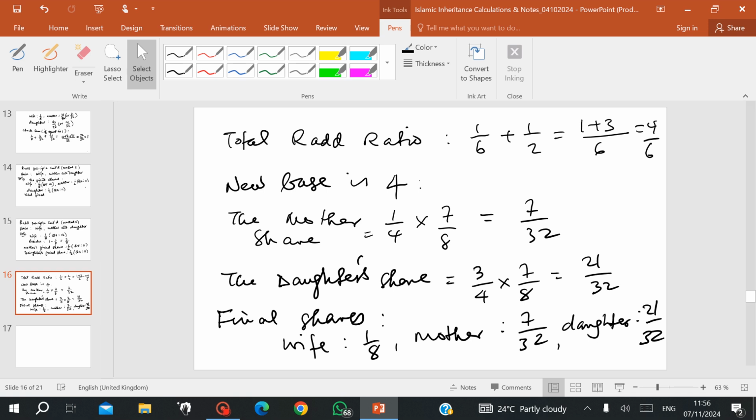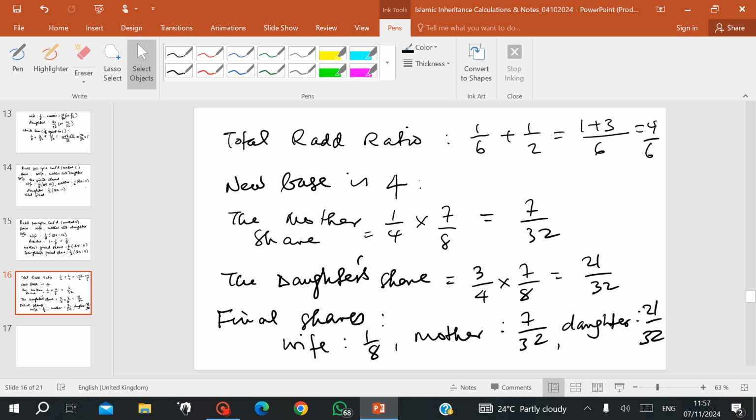It's very simple. We need to establish, after giving the one that is not entitled to radd his or her share, then you now have a new base based on the fixed shares of those entitled to the radd. And then you now have new fractions based on the balance that is remaining for those entitled to radd to share.